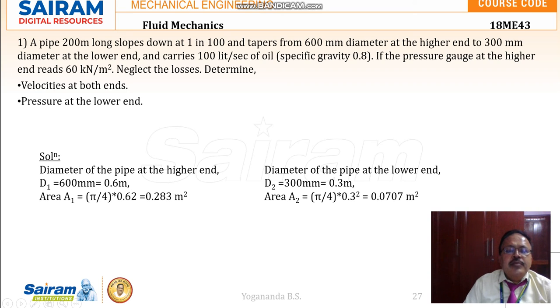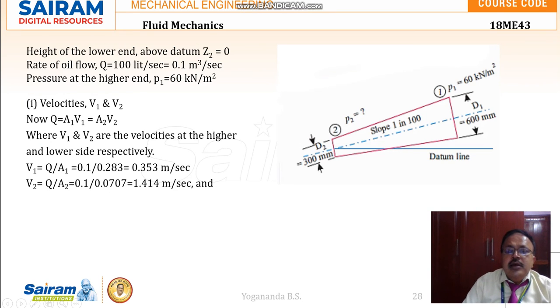So for 200 meters length it is 2 meters. So the point on the axis of the pipe is exactly at 2 meter height from the datum line. So for 100 meters 1 meter height, for 200 meters 2 meters.